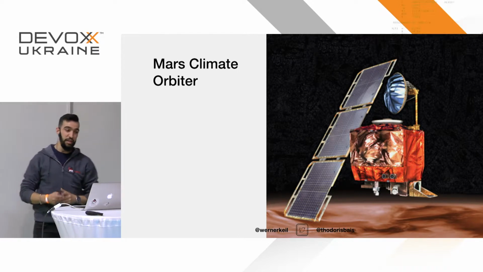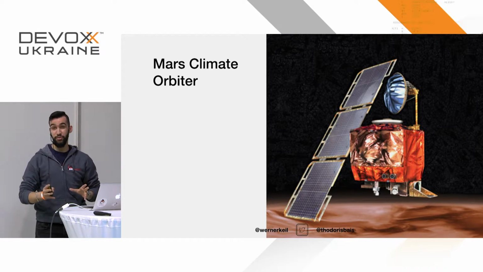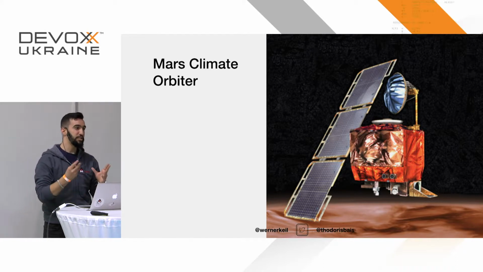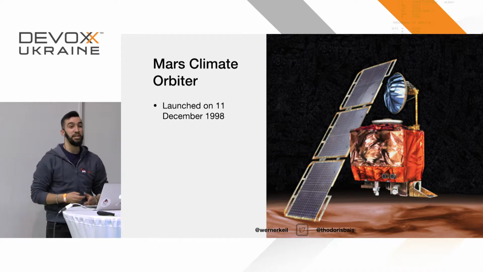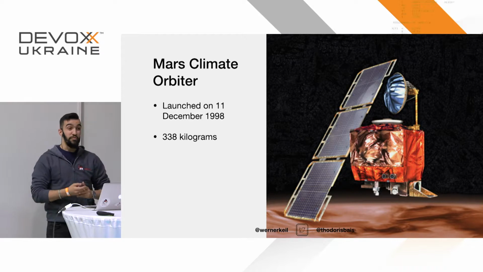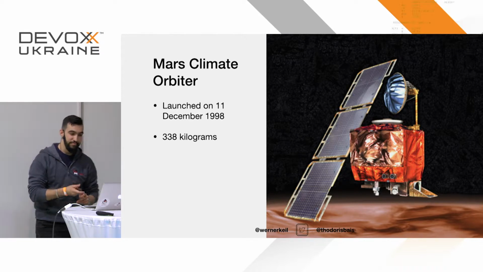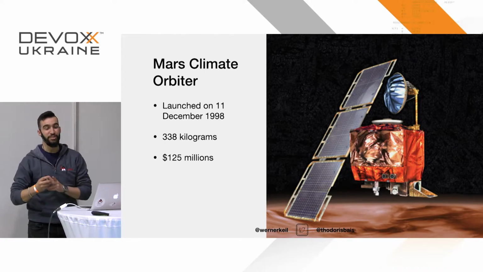To Mars, actually. So, what was the Mars Climate Orbiter, first of all? Let me give you a few very basic details about the spacecraft and the mission itself. It was launched on 11th of December 1998 with an overall mass of 338 kilograms, and it costed $125 million.